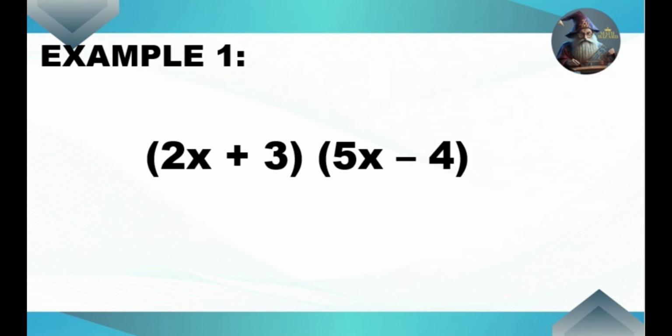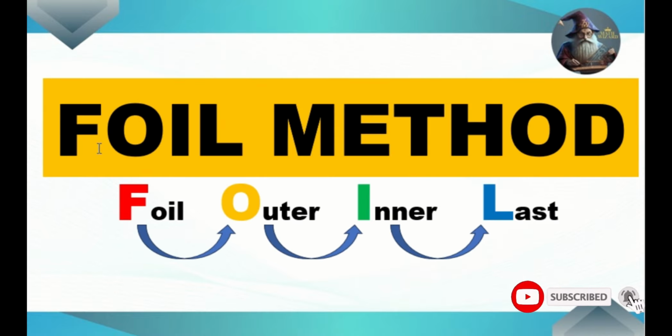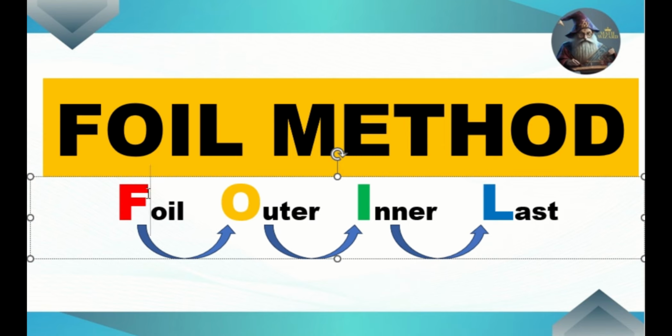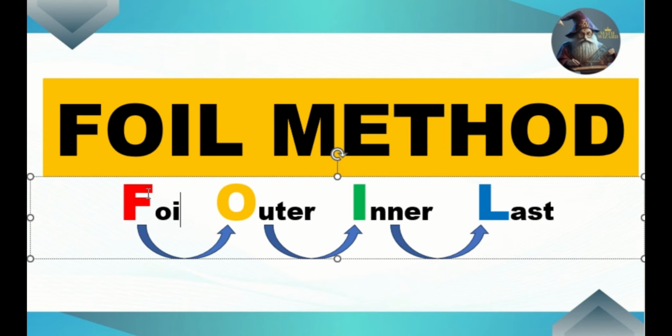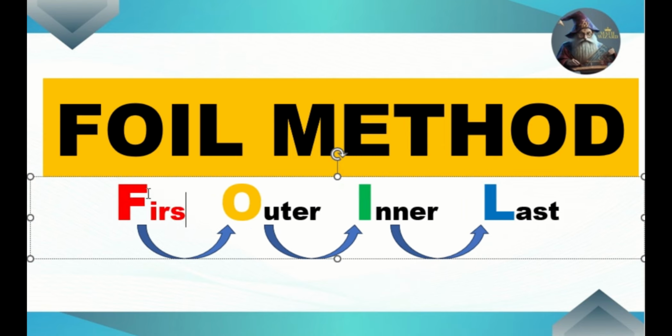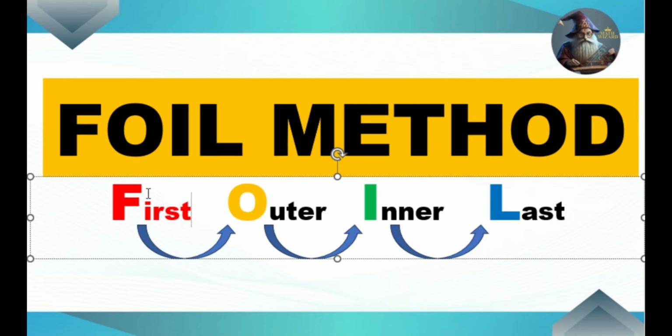Okay, when we say FOIL method, F stands for the first. O stands for the outer, I stands for inner, and L stands for last. Okay?